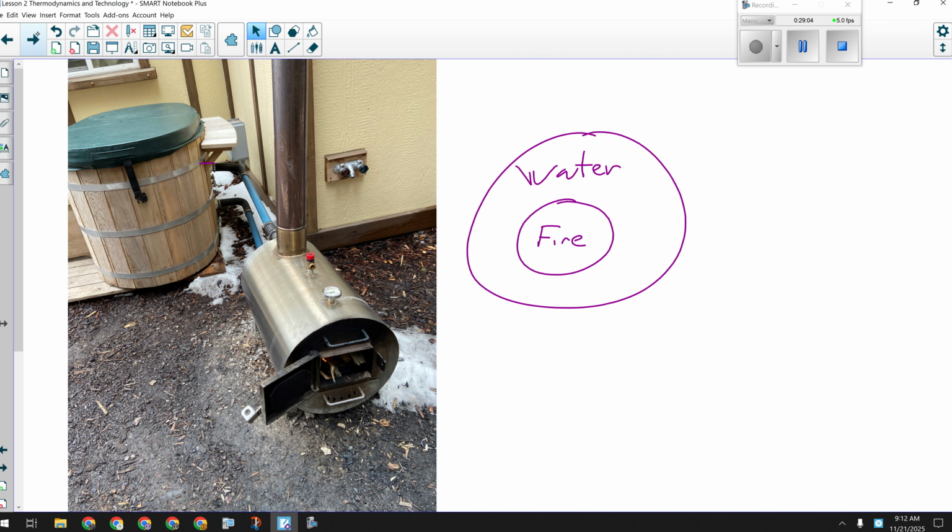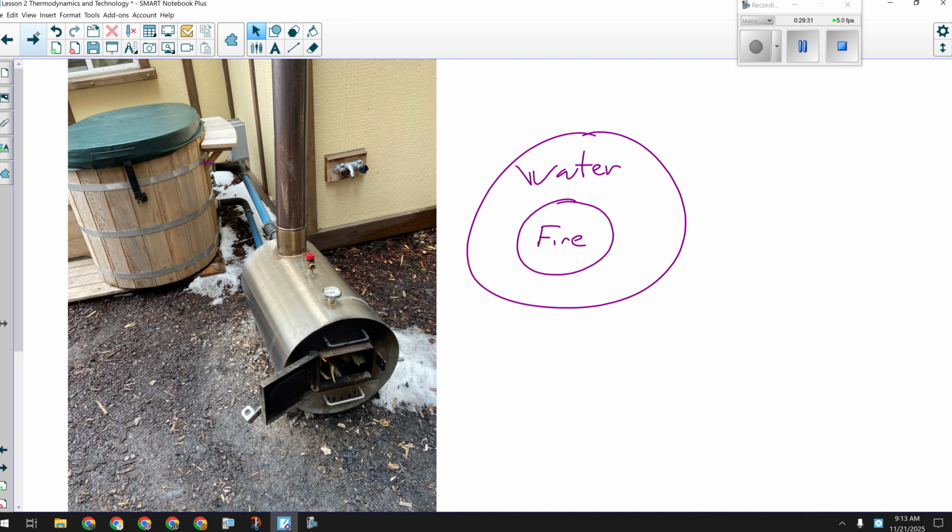Now, you'll notice there's a pipe on the top and a pipe on the bottom. Hot water would travel through this pipe and into the tub, and then it would get colder and sink, and come back through the lower pipe. It started flowing exactly like you would expect. Over the course of only a couple of hours, it was too hot to get in, literally about 50 degrees or so.